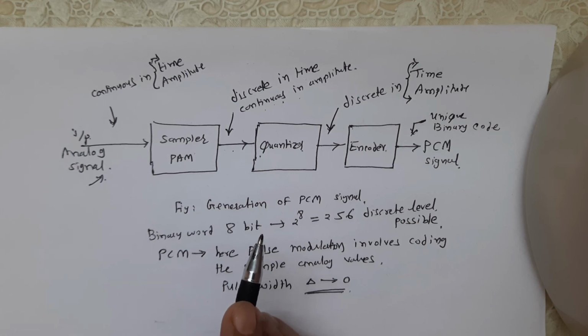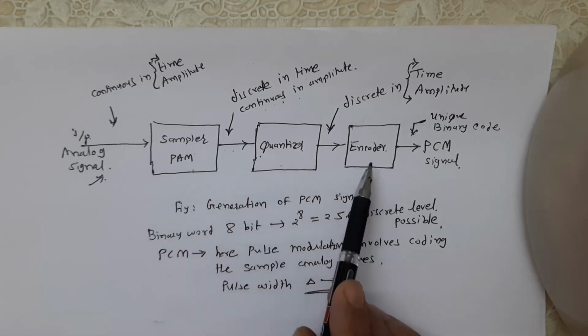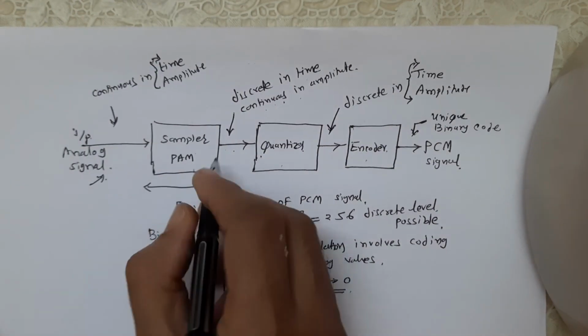The whole process of sampling, quantizing and encoding is also termed as analog to digital conversion operation.